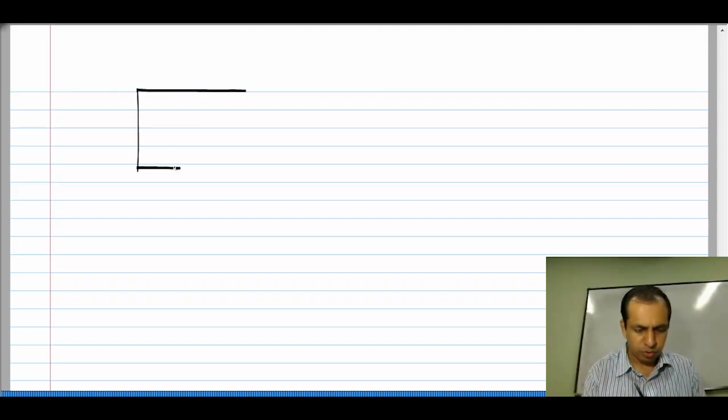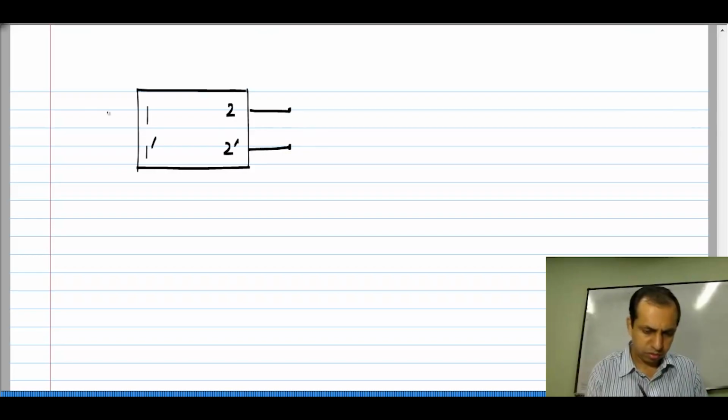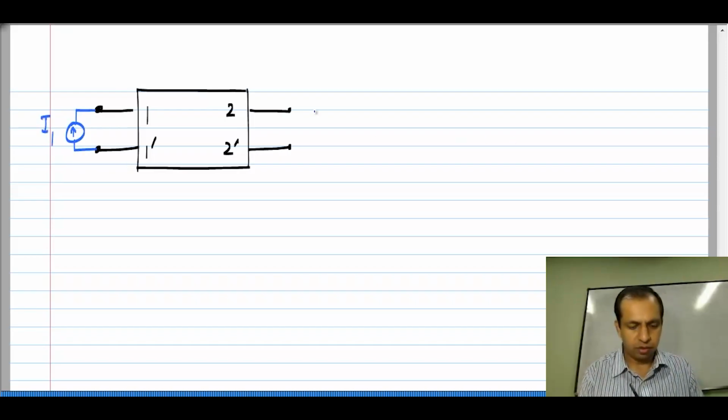Now, let us say we have a 2-port and we think of applying a current to port 1 and a voltage to port 2.